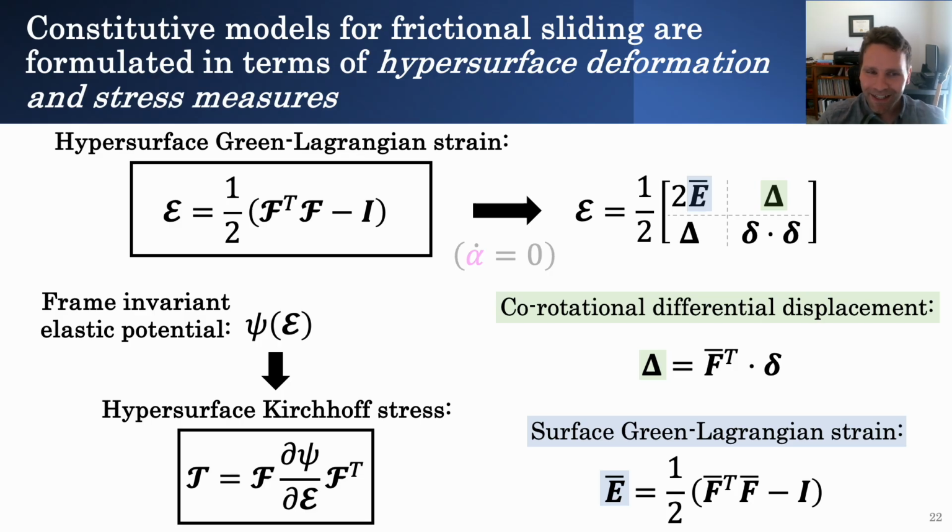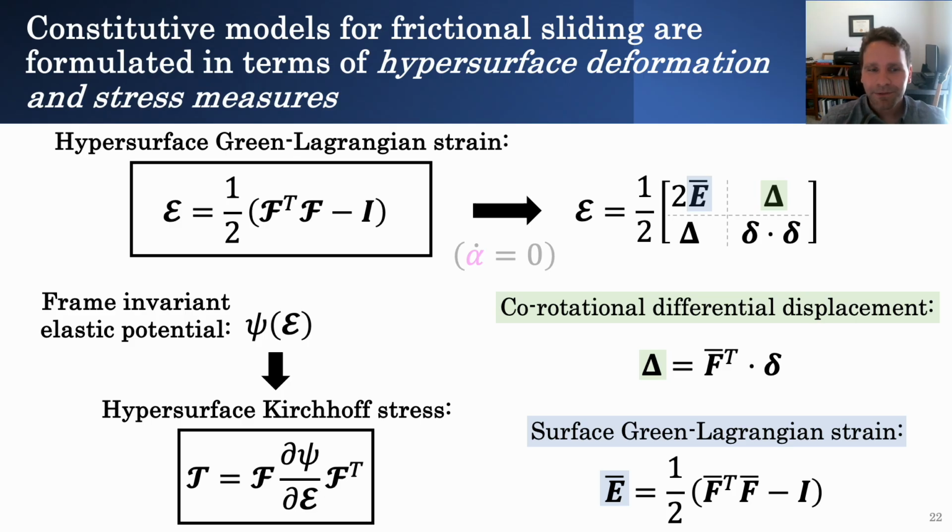In other words, suppose I had some hypersurface deformation gradient, and I defined this hypersurface Green-Lagrangian strain, which too has this block-structured decomposition in terms of a membrane or planar component of that deformation, represented through E, capital E with a bar, as well as what I'll call the corotational differential displacement vector, which is really nothing more than the differential displacement vector, but involving F bar transpose, ensuring that you have a description of normal separation and slip which is invariant to rigid rotations.